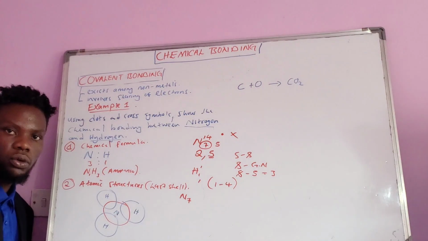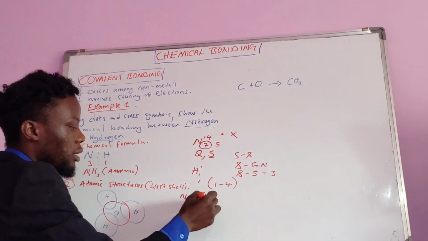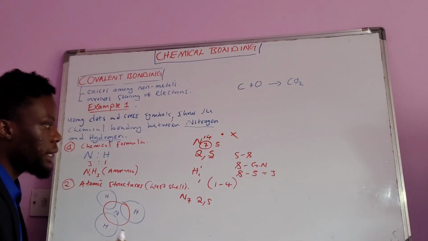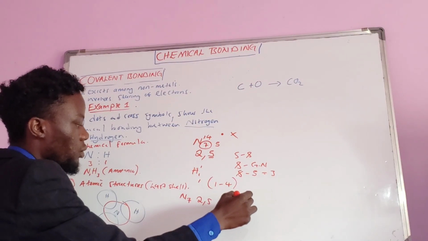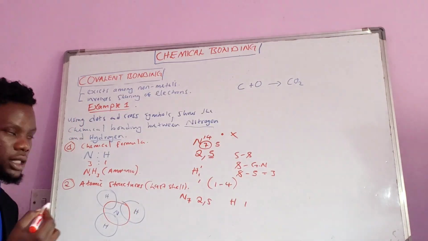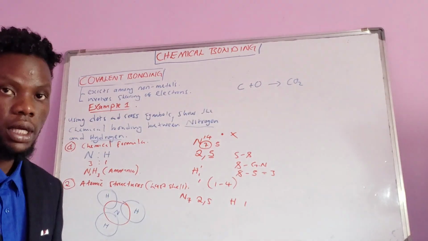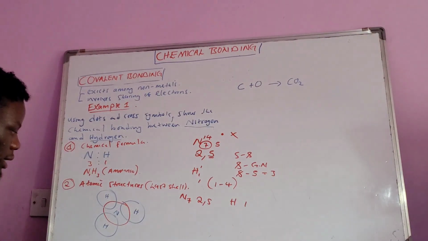And what is the electron configuration for nitrogen? The electron configuration is 2, 5. Then for hydrogen, it is just 1. So electronic configuration is going to help you when it comes to molecular bonding or covalent bonding. Make sure that you understand that.